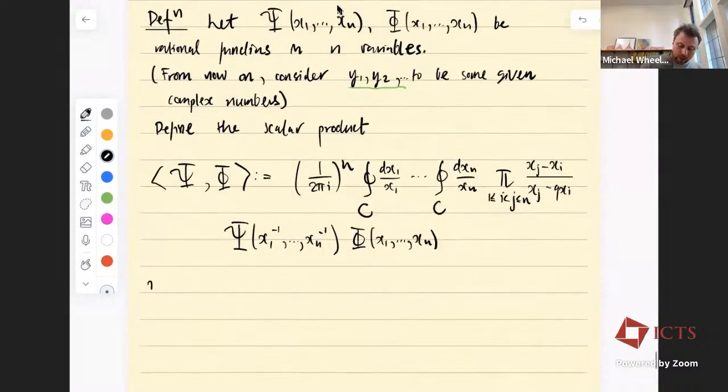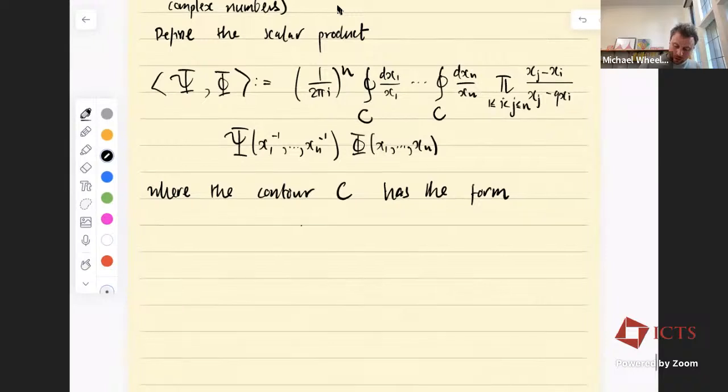And this is where the contour C has the form. This is my complex plane, and C is going to be something like this.